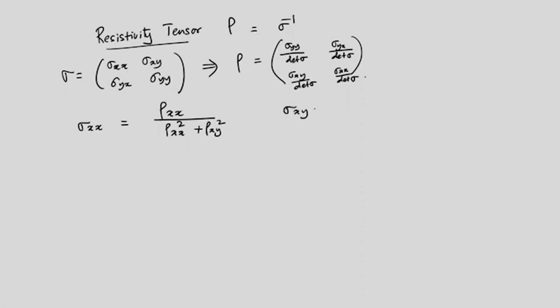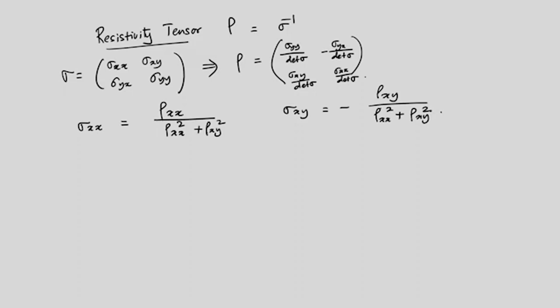These two are important because the other two will follow automatically when there is a sign change that occurs here, and that should be taken into account. So, this is equal to minus rho xy divided by the same denominator which is coming from the determinant of the sigma matrix. So, this is rho xy square. So, this is the relationship between sigma xx and rho xx.